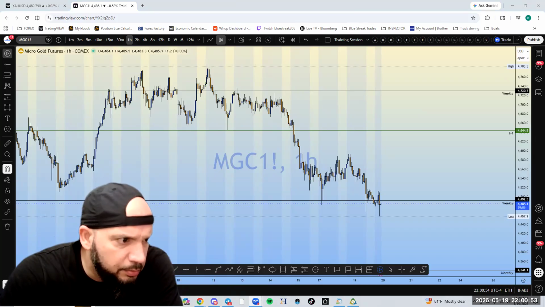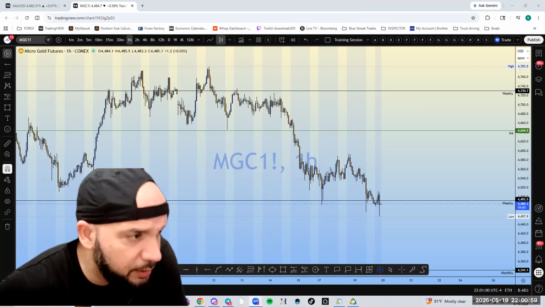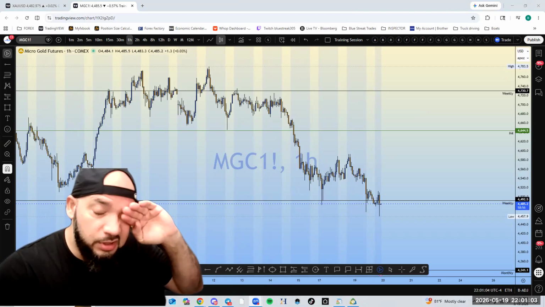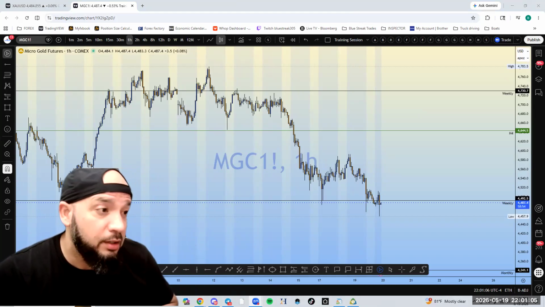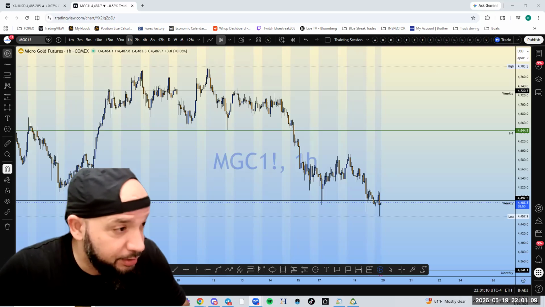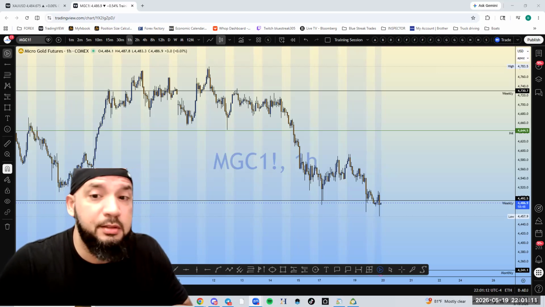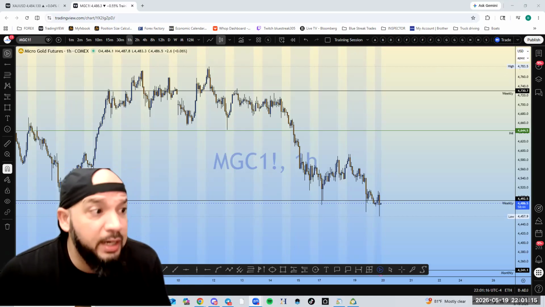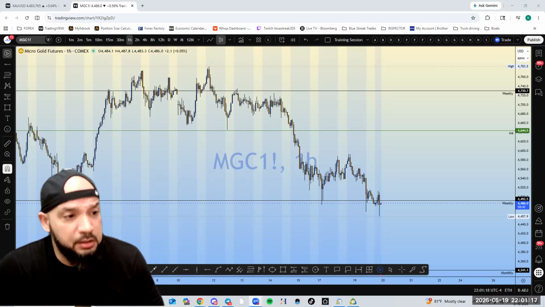Semi says: understood chart markup, but I'm not familiar with the Fib tool and how you know exactly where to place it. The Fibonacci is an extremely important tool, Semi, and we will have its own class for it tomorrow. Since you brought that up, you might want to log in because we're going to go over where to place it, how to place it, why it's placed the way that I place it.